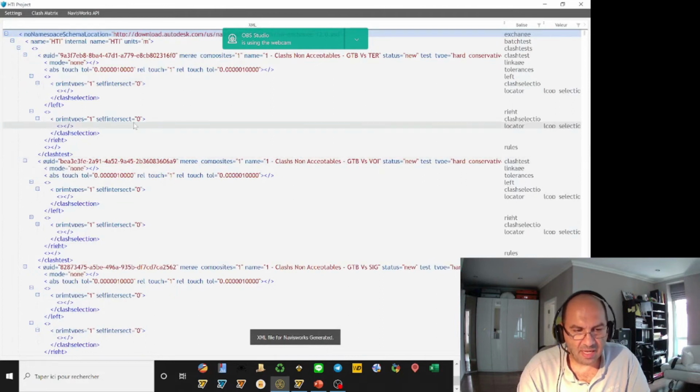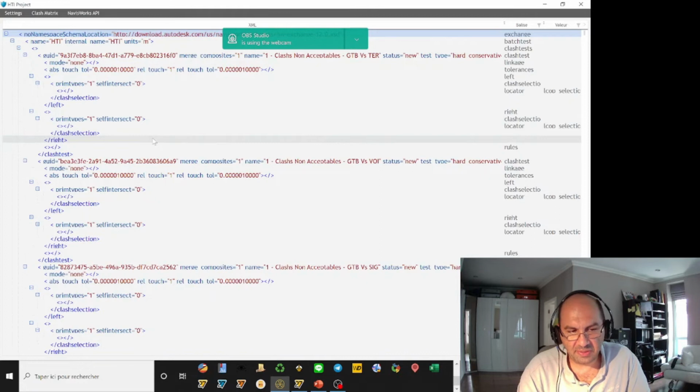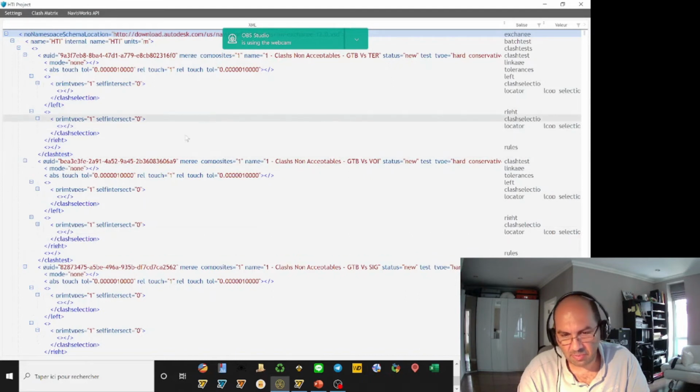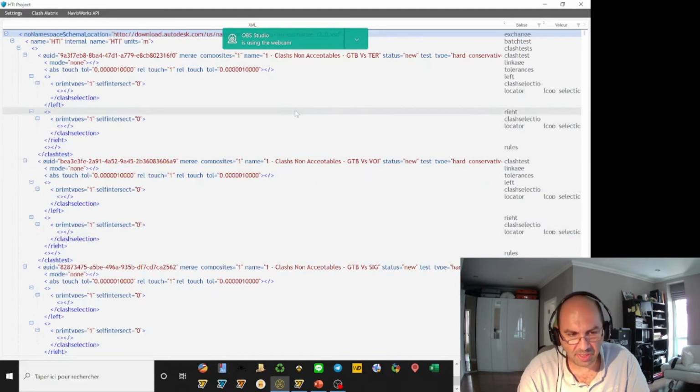And as the structure of the information expected by Navisworks is codified and standardized, I am checking what I am generating against it, and I prepared some kind of test to make sure that the file I will generate is conform to the expectations of Navisworks.